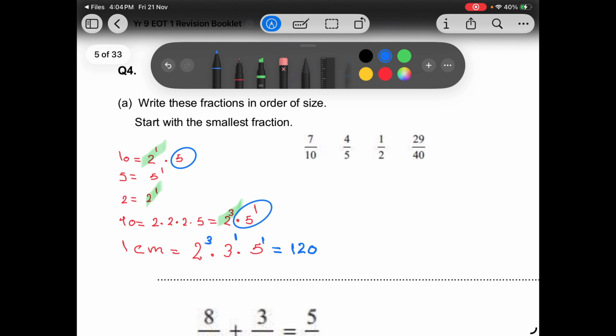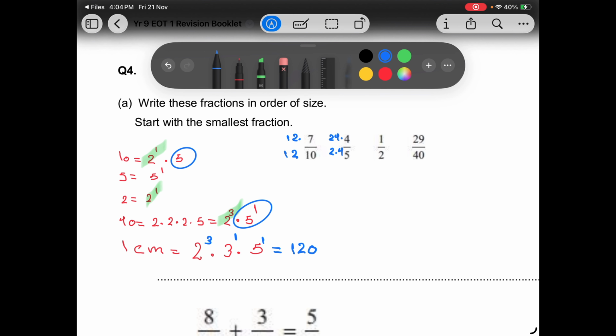I have to multiply each top and bottom to have the same 120 denominator. So here I need to multiply by 12, and here by 12 as well. For 5, I need to multiply by what to make it 120? 24, right? So by 24, and here by 24.